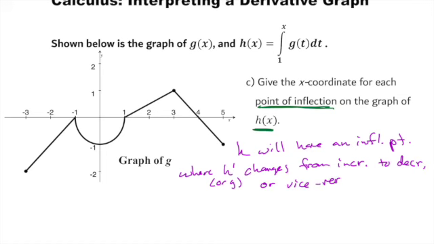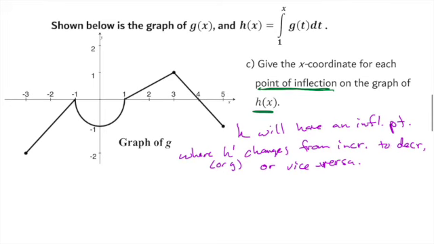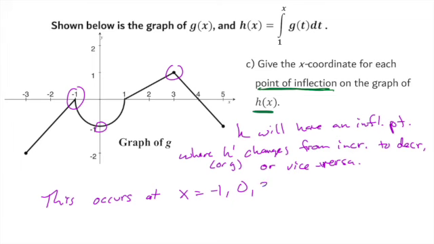And that is an acceptable term. I always see written in their write-ups here, from increasing to decreasing, or vice versa. And this occurs at x equals, we said, -1, right there, x equals 0, and x equals 3.